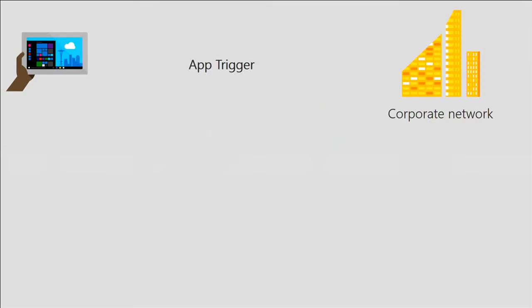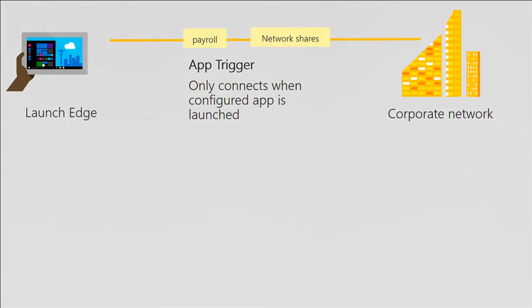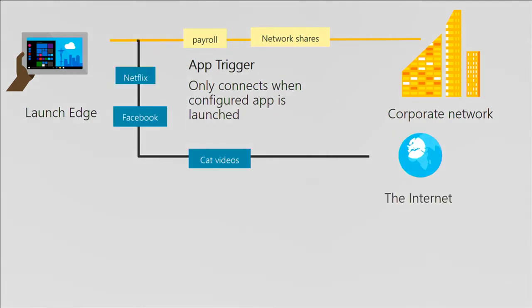So let's look at the configuration. You would use an app trigger in order to connect the VPN. So if a configured app is launched, the VPN tunnel is established. In this example, Edge is in our app trigger list. And we continue to use a split tunnel routing policy. So Netflix, Facebook, whatever traffic can go over the physical interface.